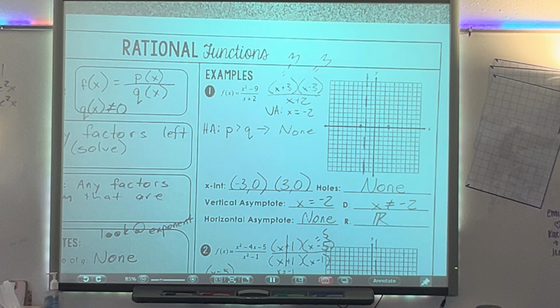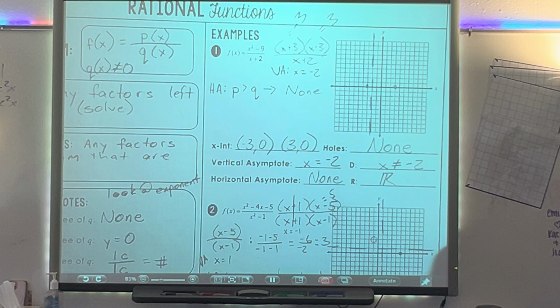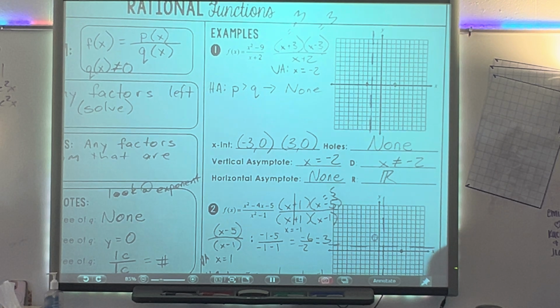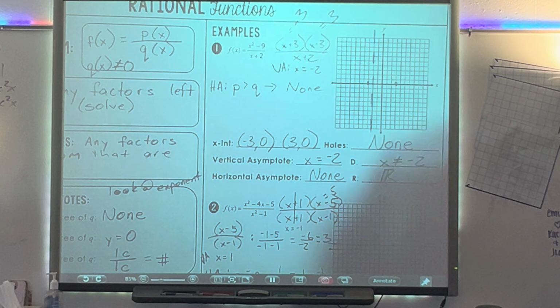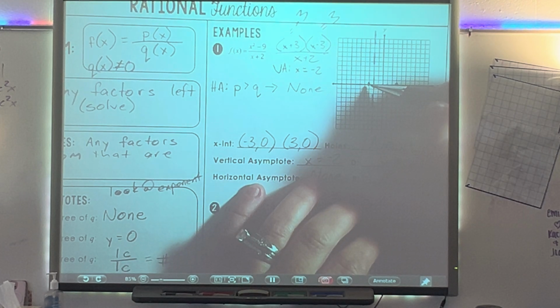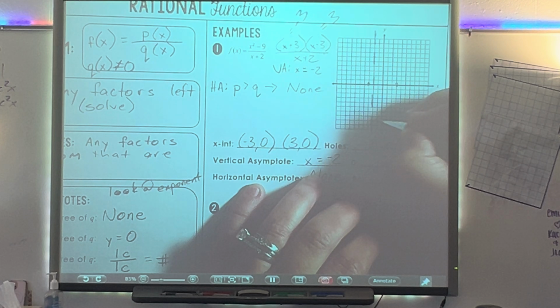So let's get some points over here. What do we got on the negative side? Anything at all? -1 and -8. -1, -8, okay, right here.